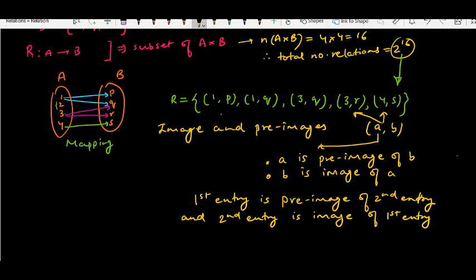So in any ordered pair, the first entry is called pre-image and the second entry is called image, and they are used with context to each other: image is of a pre-image and pre-image is for an image.